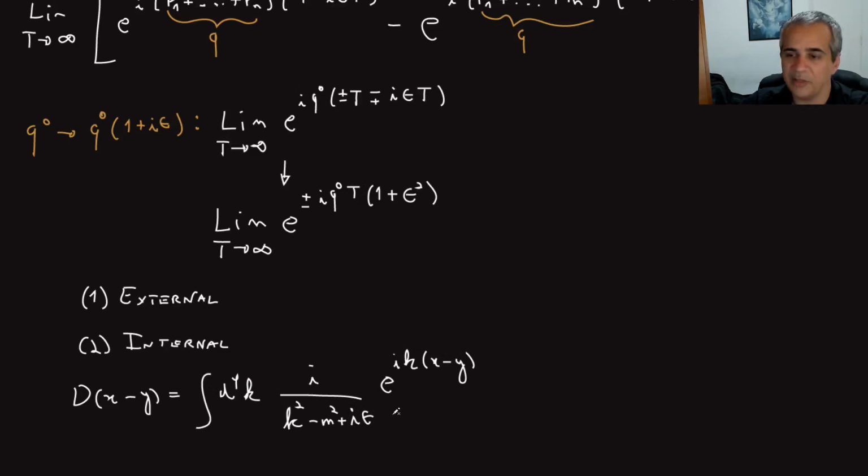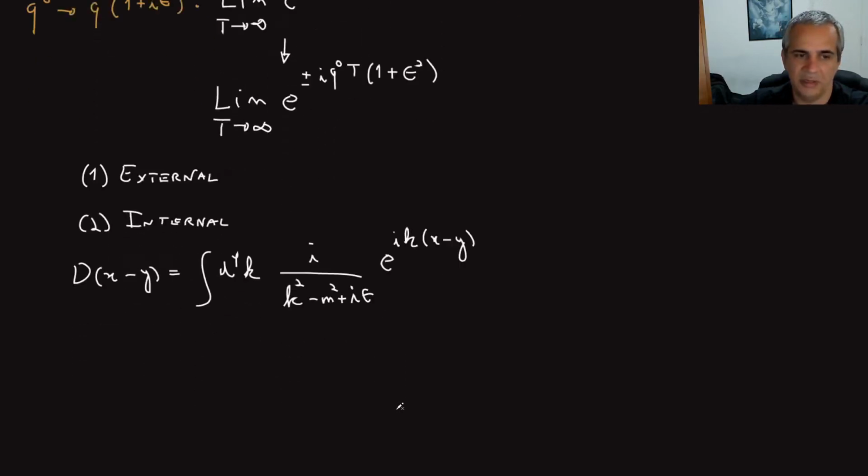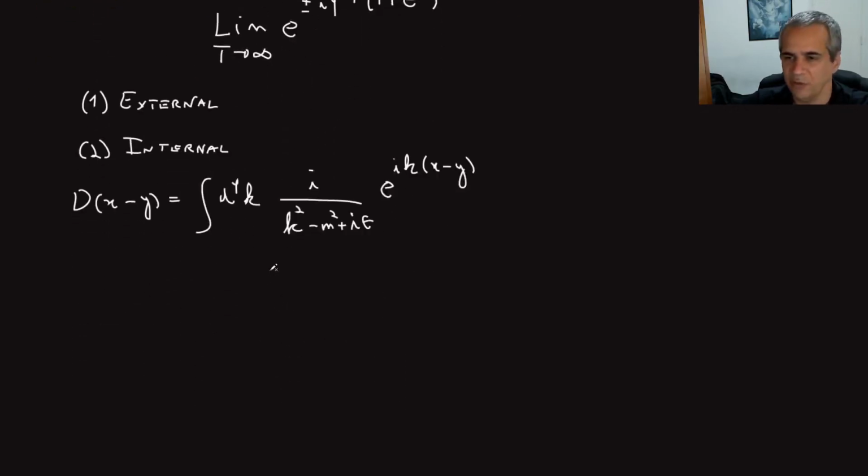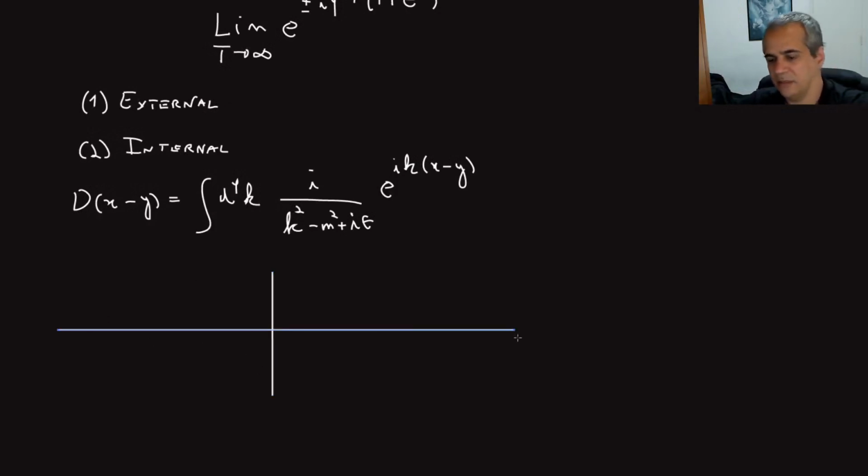Luckily, we're already doing the right thing here, because remember, this prescription, i epsilon, right here, means if I look at the real and the imaginary part of Q0, oops, that's the real part of Q0.